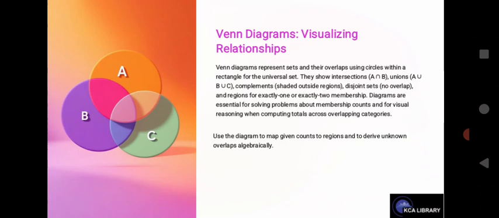Then in set theory, we make use of Venn diagrams to visualize the relationship that exists between different subsets in a universal set. Okay? So we make use of diagrams to map out given counts and regions and also to determine overlaps algebraically.